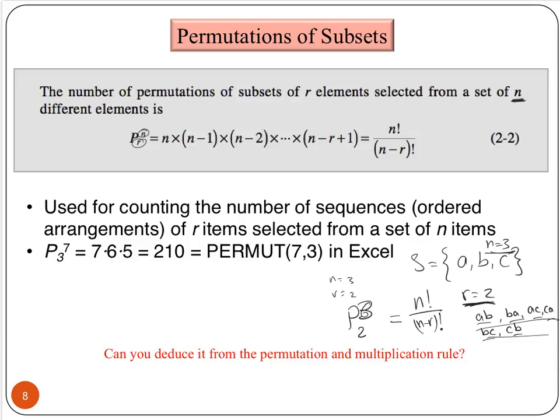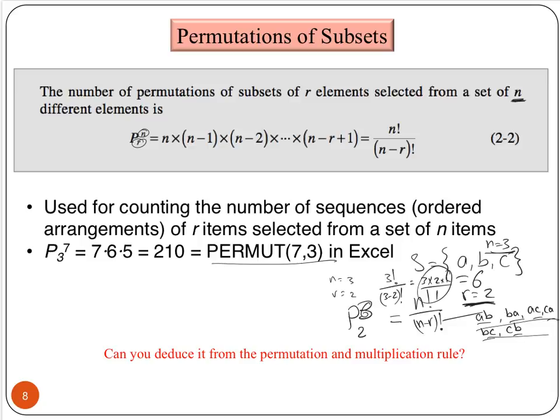So in this case, it's the factorial of 3 divided by the factorial of 3 minus 2, right? Which is going to be equal to 3 times 2 times 1 divided by the factorial of 1, which is 1. So this is going to be equal to 6 as shown here. 6 possible outcomes, right?